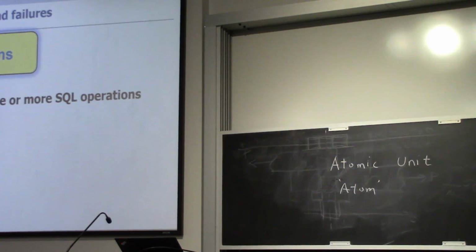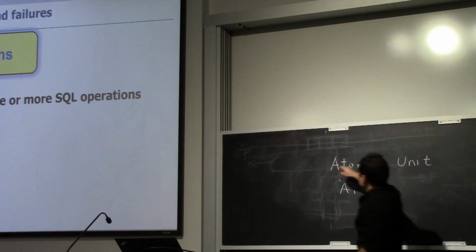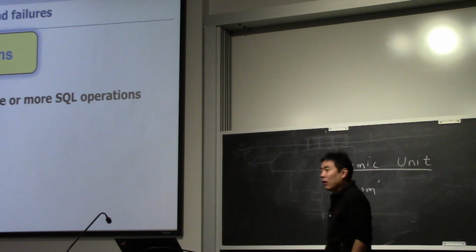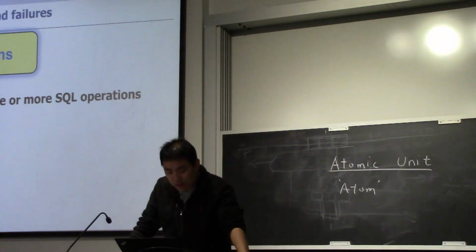Molecule is like this big, atom is really, really tiny. But now the view of physics is the atom is like this big. They're thinking smaller than the atom as well. But at that time, the atom was the smallest unit. So whenever you want this all or nothing semantics, you refer to that as an atomic unit because of that.